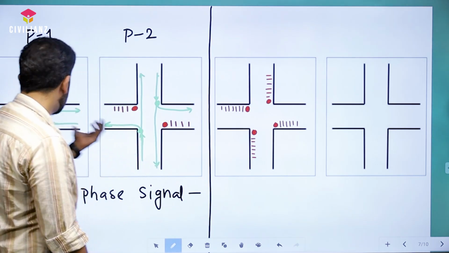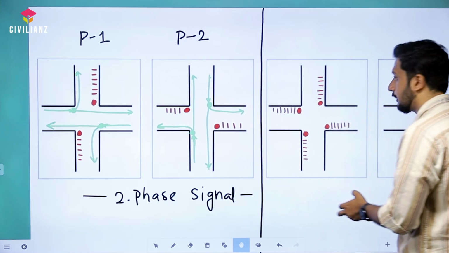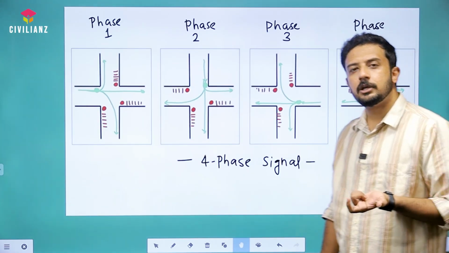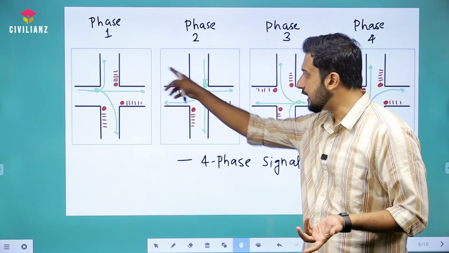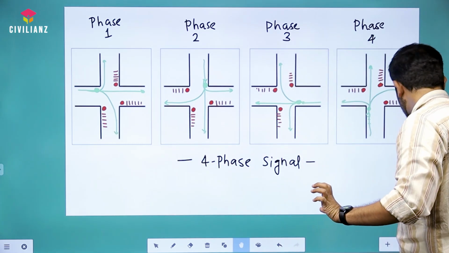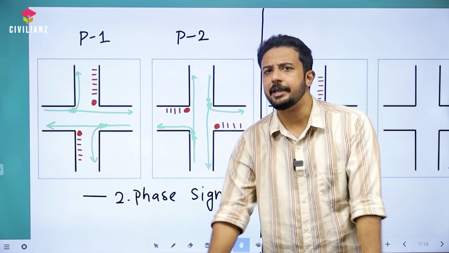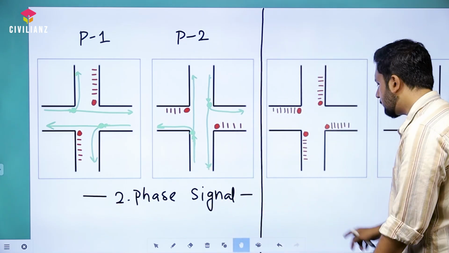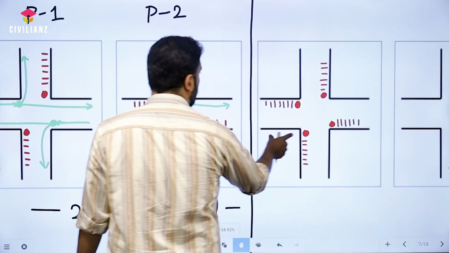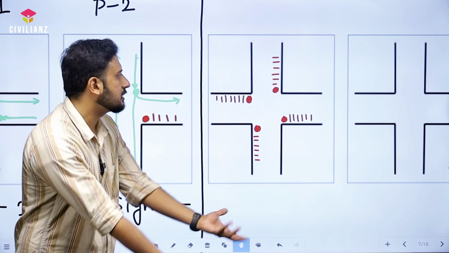No, right? Look at this figure, or at the previous figure. At least one of the roads will have green. Three will be red and the other one will be green, obviously, right? At least one road or more than one road will definitely have green. Will there be any situation where all the roads have a red signal? What is the purpose of that? All the vehicles are stopping.